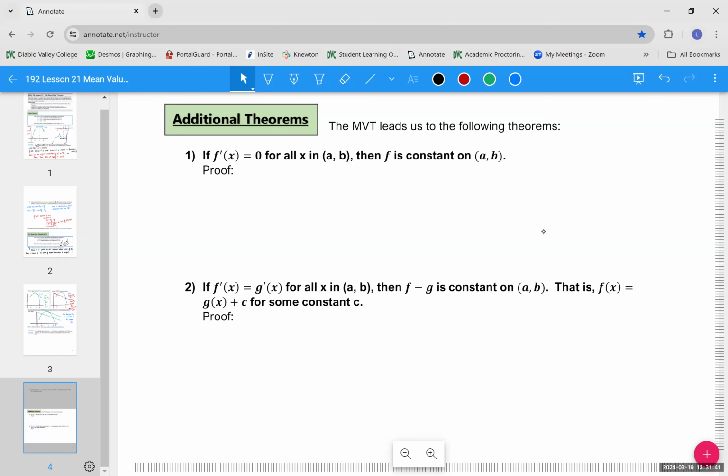So here is how we can actually prove this. We're going to take an interval and we're going to talk about two numbers, x1 and x2, that are sandwiched in between the a and the b on this interval. Okay. And then we're going to assert our mean value theorem on x1 and x2.